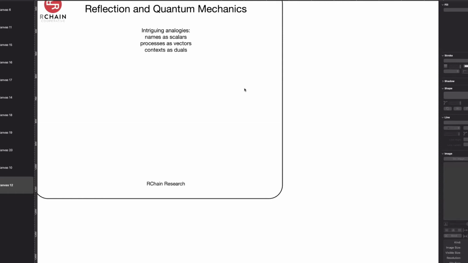Oh, an observable is something that can be measured. It's not the value. It's something that can be measured, right? So momentum is not a specific value for momentum. Momentum is the variable, the role that is played in physical systems that are constrained by certain laws of motion. Mm-hmm. Okay.